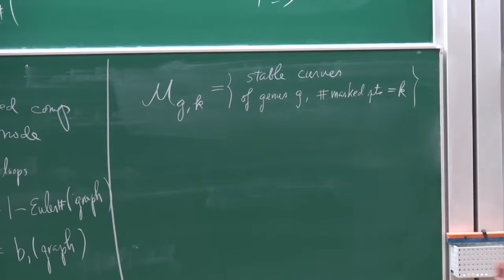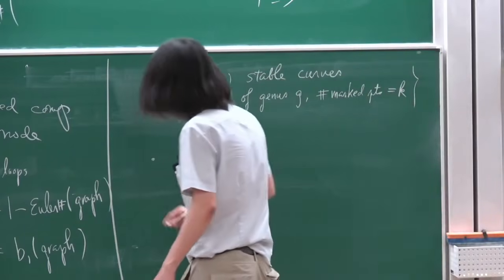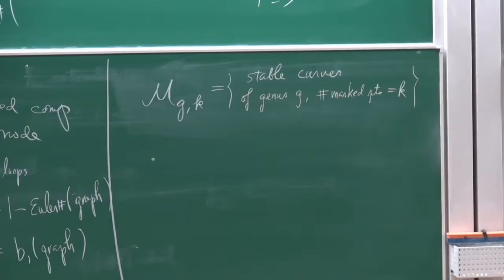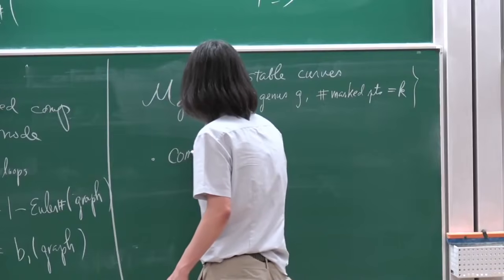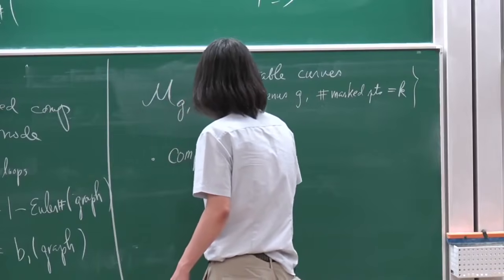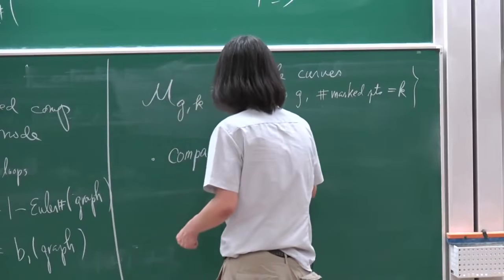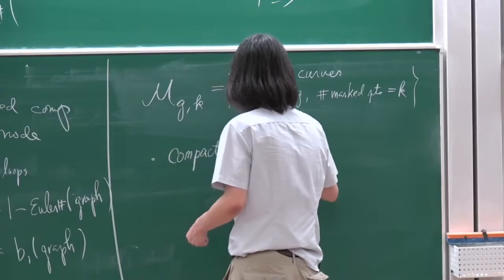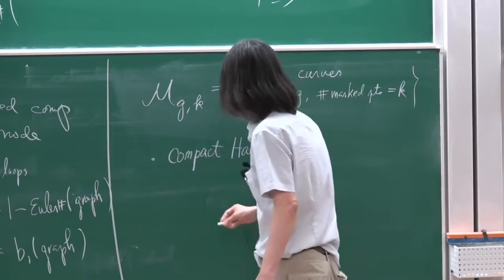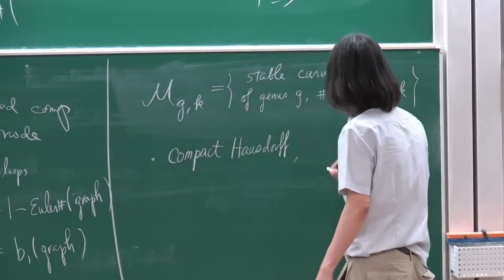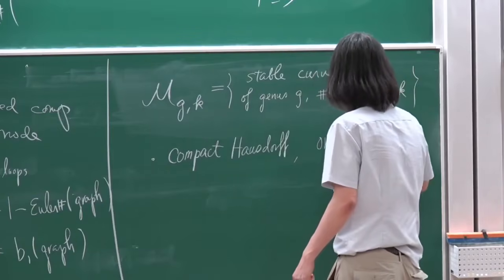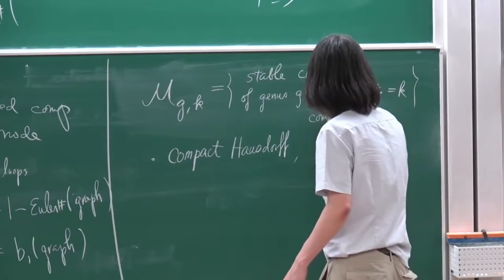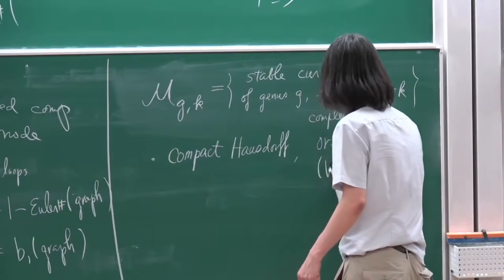And it is known that it is a compact Hausdorff space, and in fact it has an orbifold structure, a complex orbifold, or maybe a Deligne-Mumford stack.